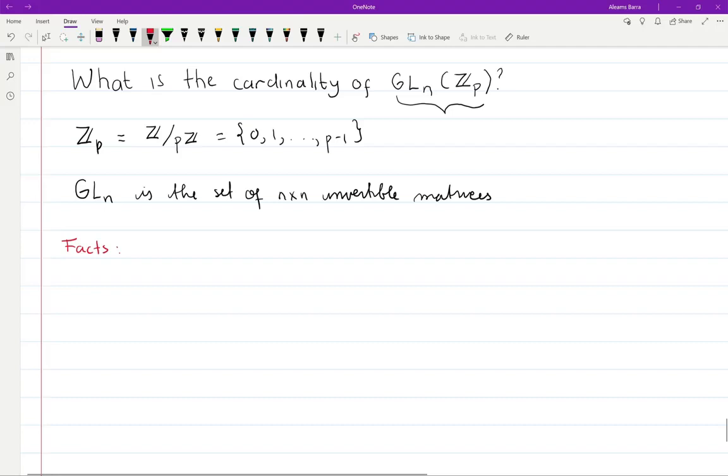Which says that a matrix A is invertible if and only if all its columns are linearly independent.